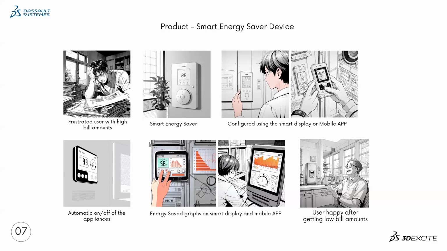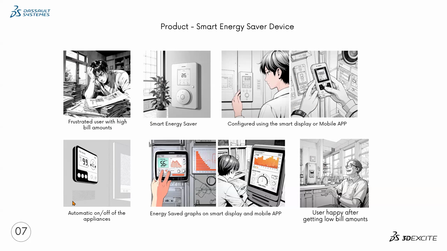So coming back to my favorite smart energy saver device, if you see from top left to the bottom right, there is a series of images which shows that the user is frustrated looking at the high bill amounts. Then that was the user. Who is it for? And why? What the problem is, the electricity consumption. It's a lot, which is getting high bill amounts. The next question was, what if there was a device which you can configure using a smart display or even a mobile app to save electricity?